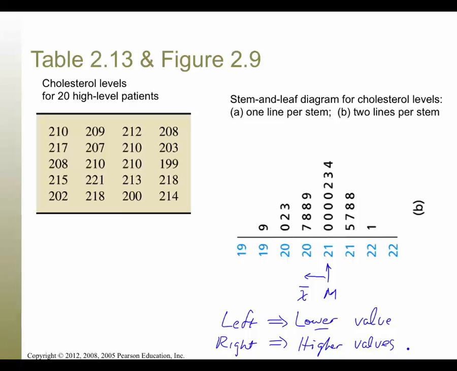So if for some crazy reason I had my lower numbers here, and increasing this way, then this would be skewed left, because left means lower values. We call it left just by our convention, okay? So skewing left means the mean is pulled towards lower values than the median. And skewing right means the mean is pulled towards higher values than the median. Questions on that?